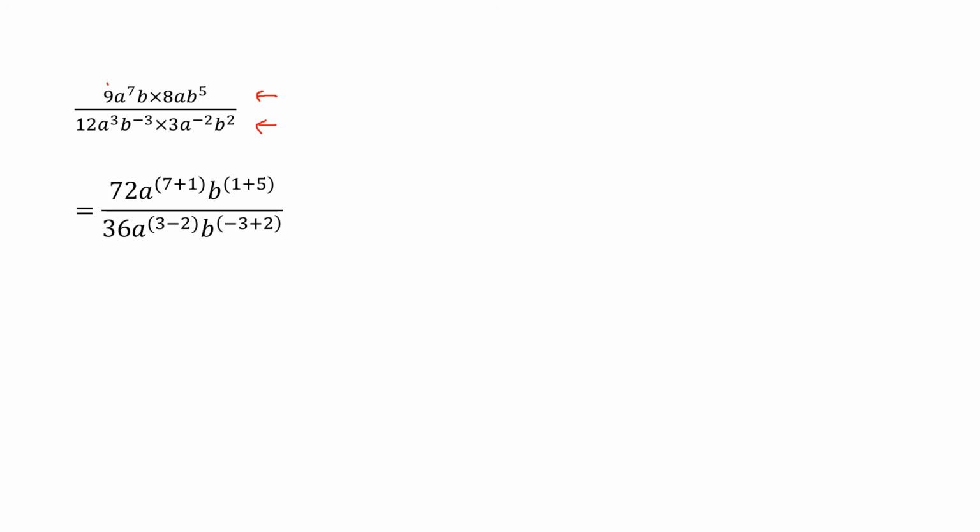This is 9 and 8 multiplies to 72. a will be multiplied with a, its exponent is 1, here it is 7, so I am writing 7 plus 1. Here its exponents are b^1 and b^5, so in multiplication we do addition. 12 times 3 is 36.